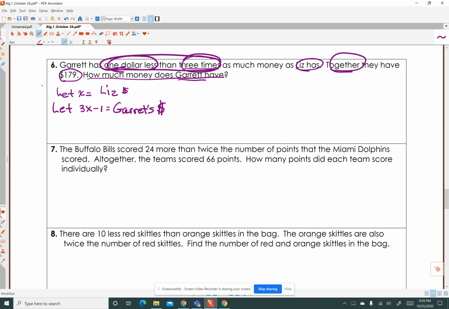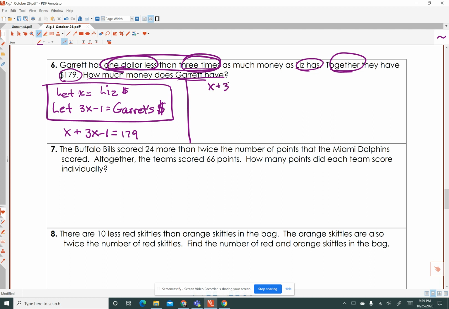So that's our x box. Let's write our equation. It would be x plus, that's Liz, plus Garrett's money, 3x minus 1, equals $179.